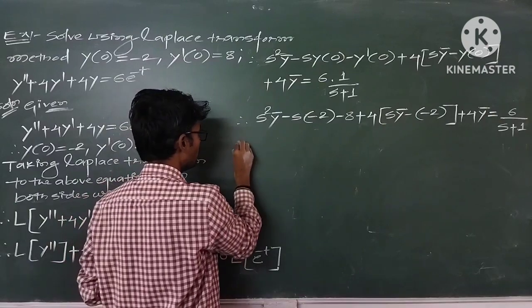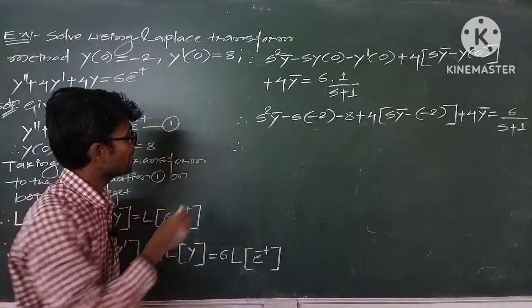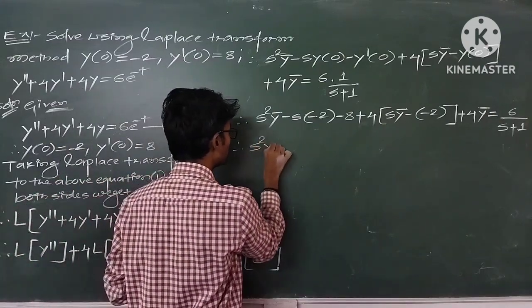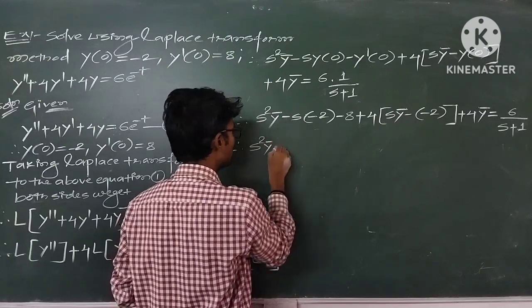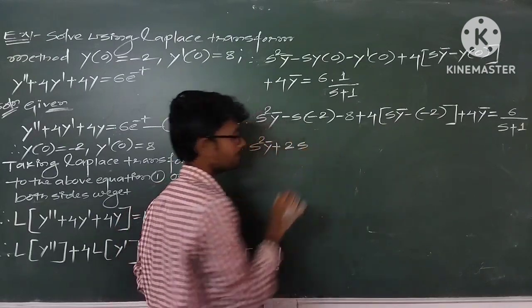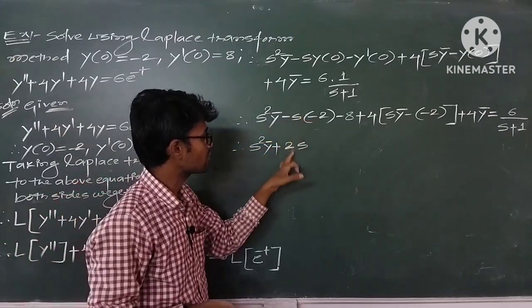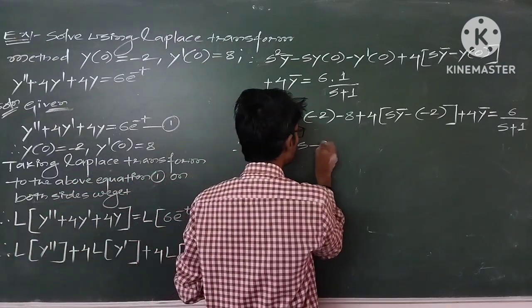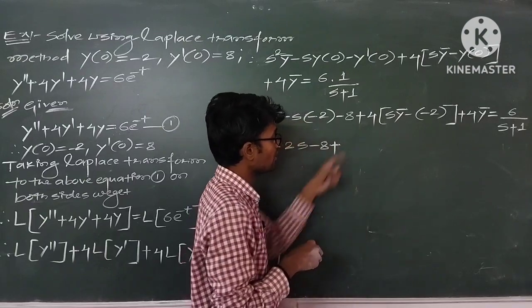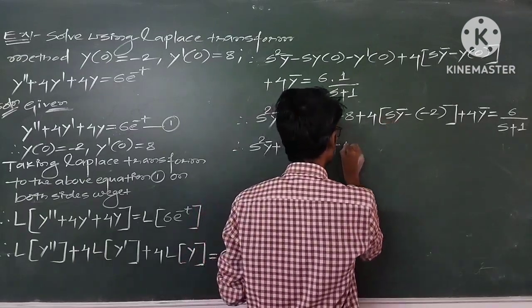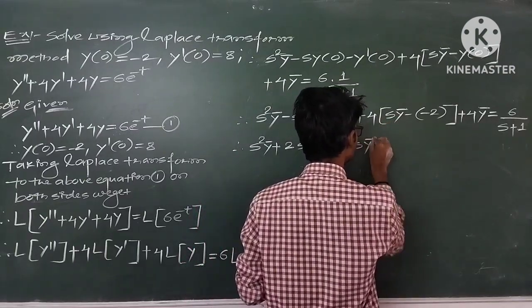So therefore you go for further simplification. S square y bar, you write minus into minus plus, it is 2s. Next you write minus 8 plus 4 into s, it is 4s y bar.